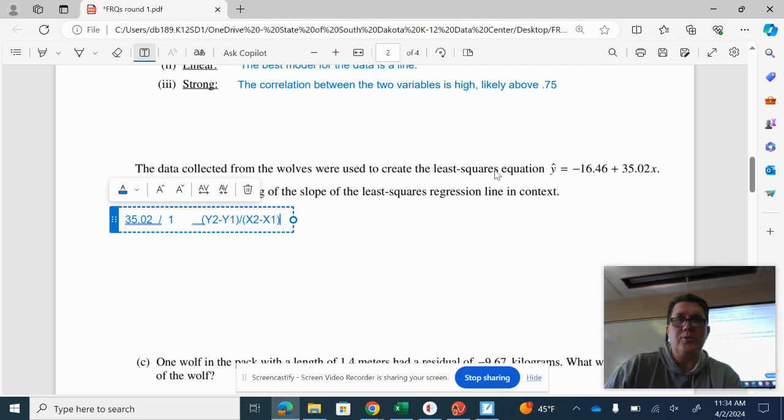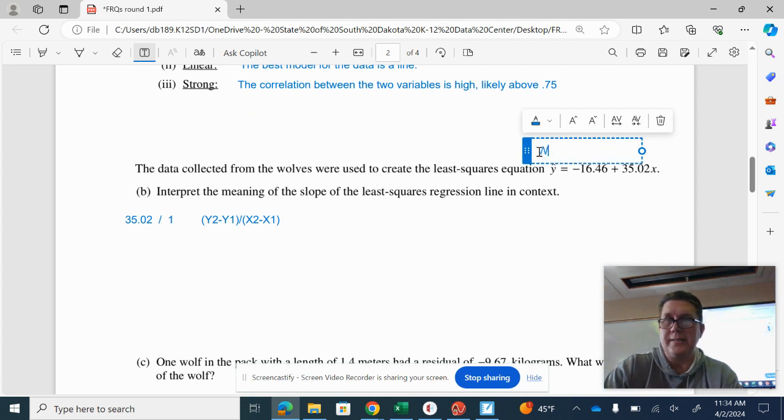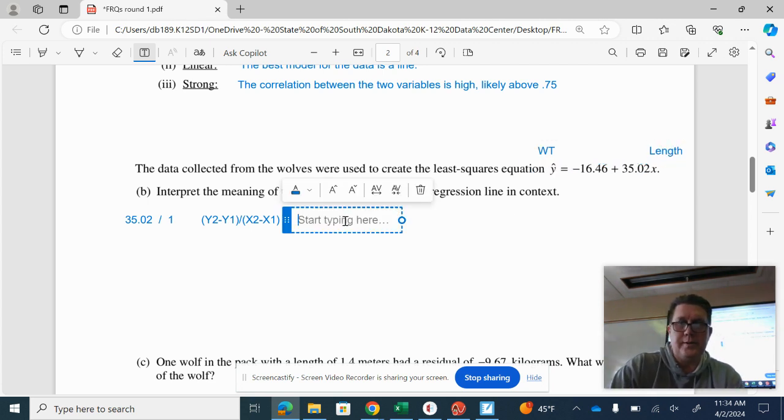So one of the things you have to remember, what's x and y here? Well, y in our case was the weight. So the weight would go on top, and the x is the length of the wolves. I'll put length. There we go. Okay, so remember, this is a prediction.